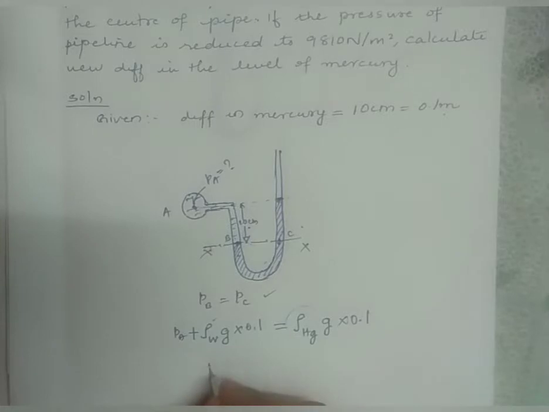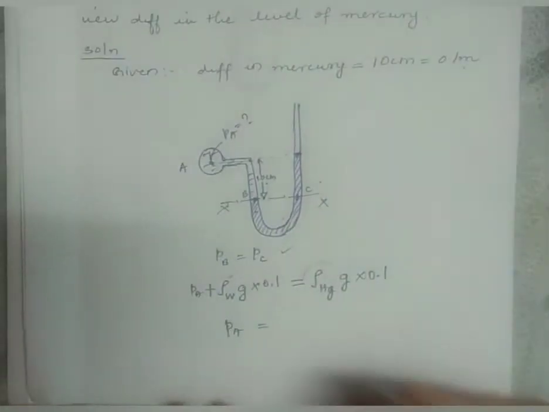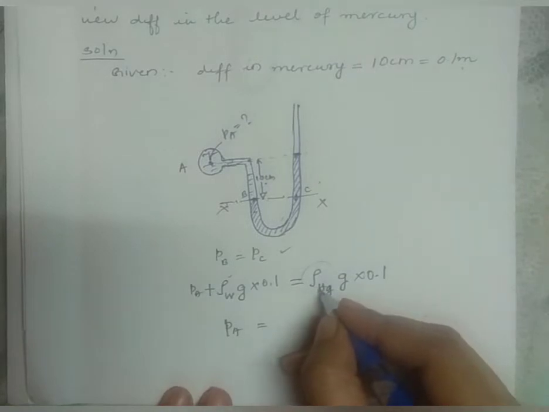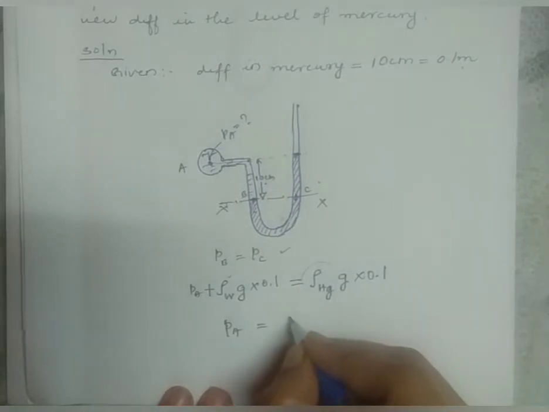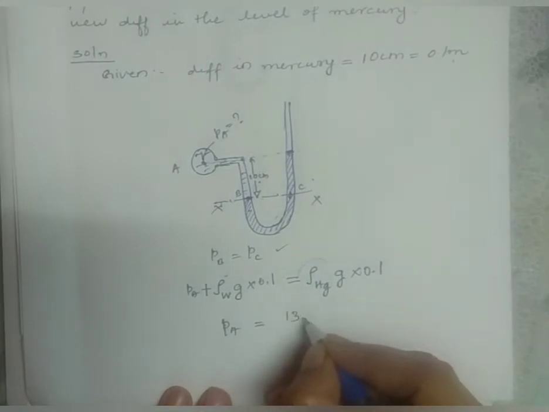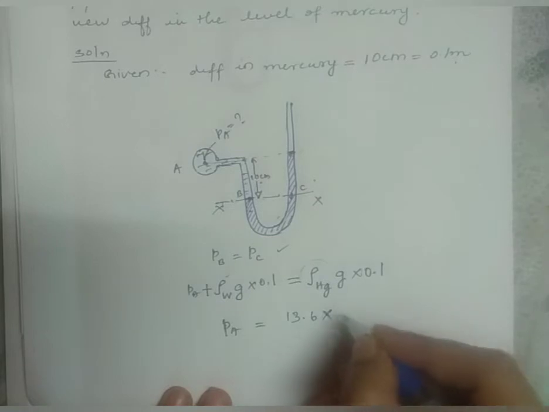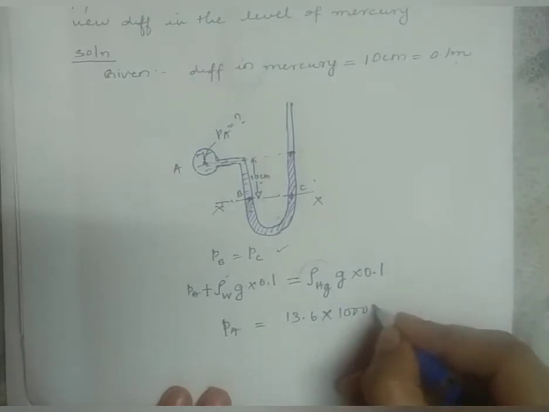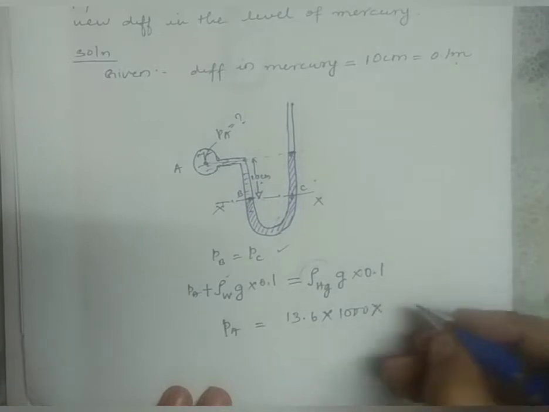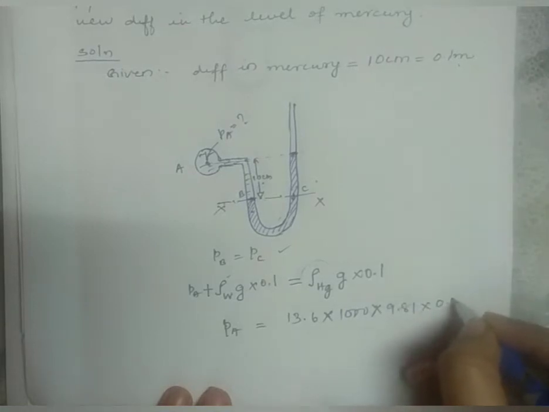So I will write pressure at point A is equal to rho of mercury. You can find it using the specific gravity of mercury. You know that it is 13.6 into rho of water, isn't it? So rho of water is 1000 into g, g is 9.81, into 0.1.